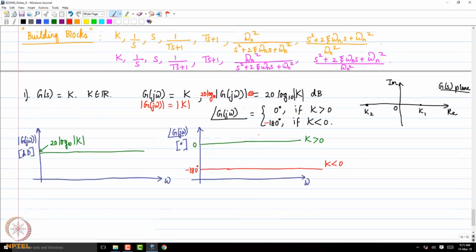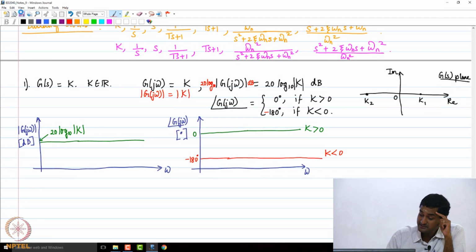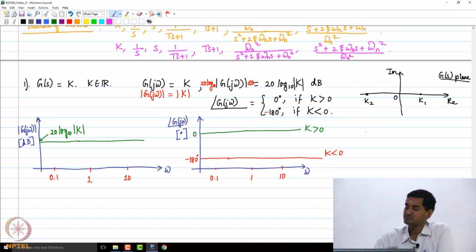And typically what happens is that we take frequency ranges on the abscissa, where we essentially use what is called a decade.